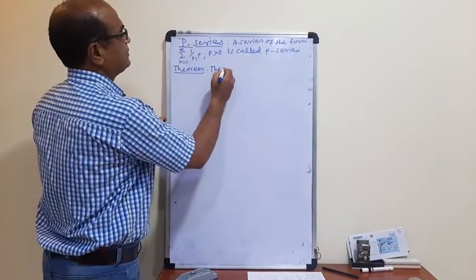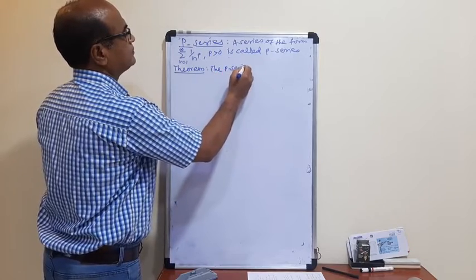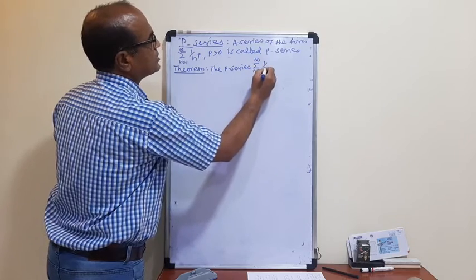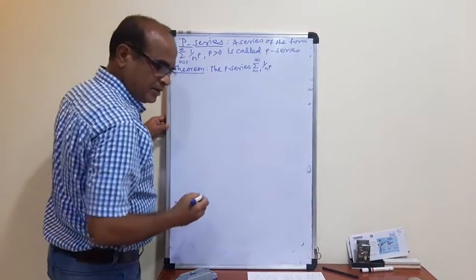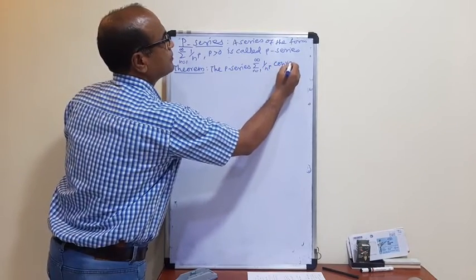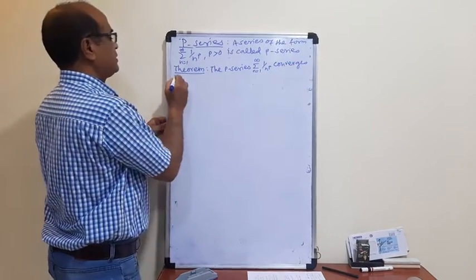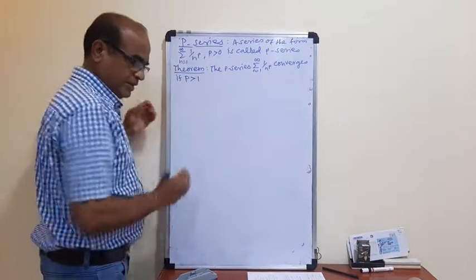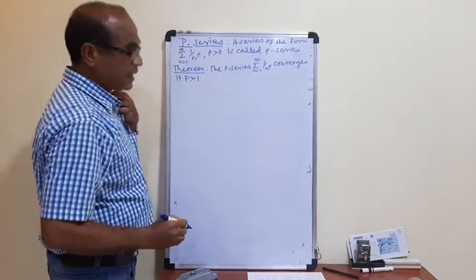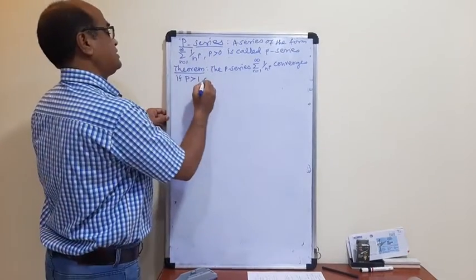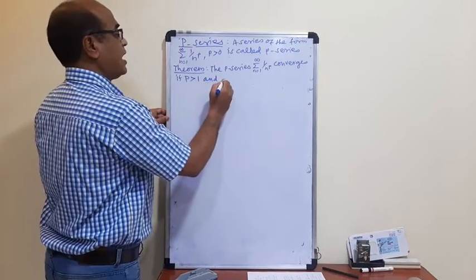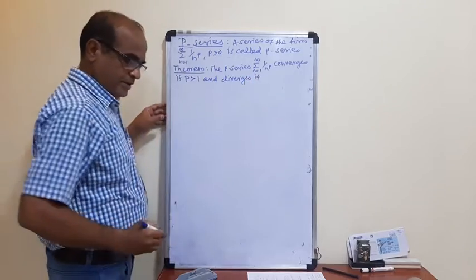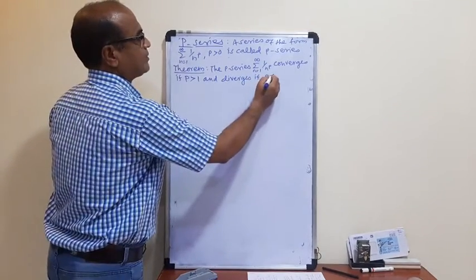The P series, 1 upon n raised to p, converges if p is greater than 1, and diverges if p is less than 1.